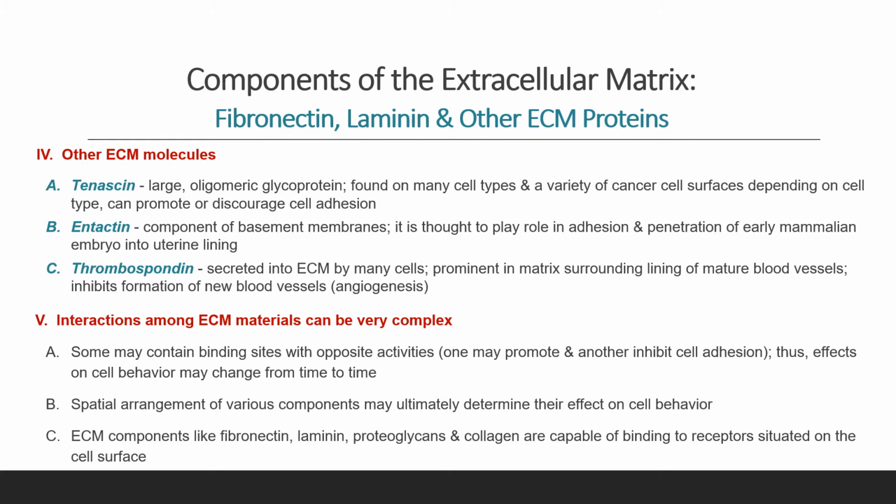And then you have thrombospondin, which is secreted into the ECM by many cells. This is prominent in the matrix surrounding the lining of mature blood vessels and inhibits formation of new blood vessels, like in angiogenesis. So usually, angiogenesis is found in the formation of chick embryos.